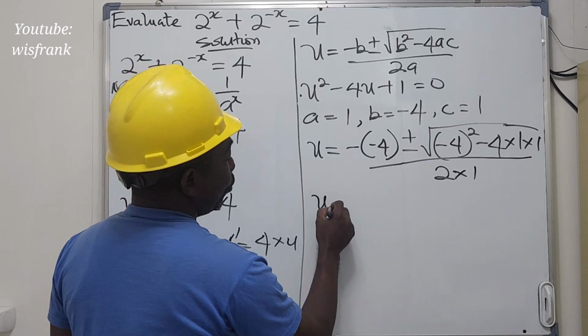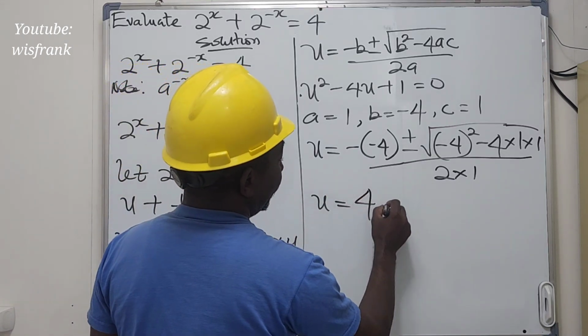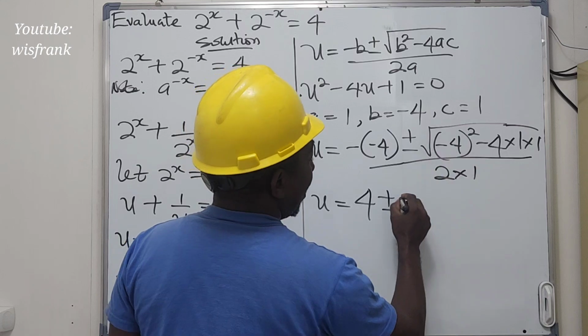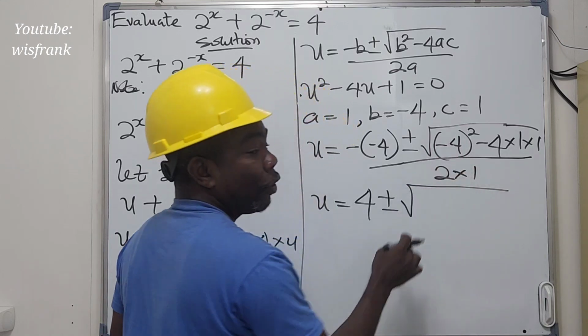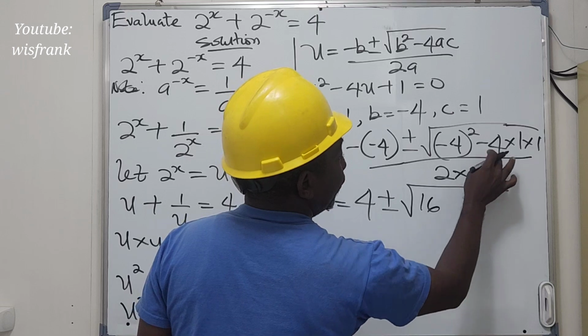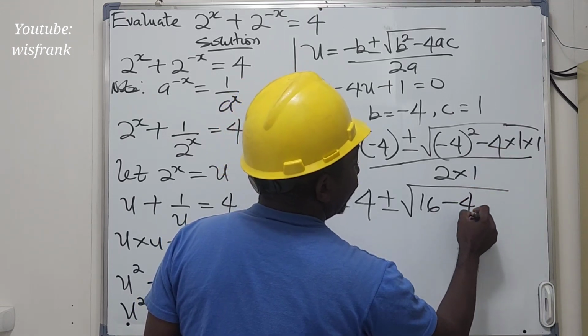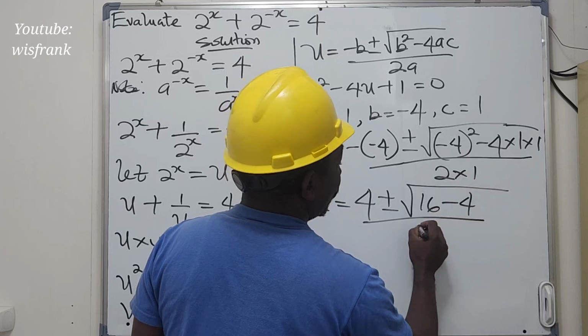So the value of u will become minus times minus 4 will give us 4, plus or minus square root of minus 4 to the power of 2 becomes 16. Then we have minus 4 times 1 will become minus 4, all over 2 times 1, which is 2.